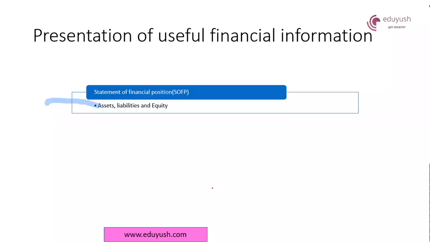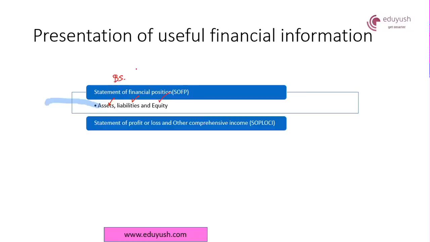Now we go to the presentation of useful financial information. How is the financial information presented? Do we have a statement of financial position containing assets, liabilities, equity, which in India is called, what do you call it in India? Balance sheet. So in India, it's a balance sheet.